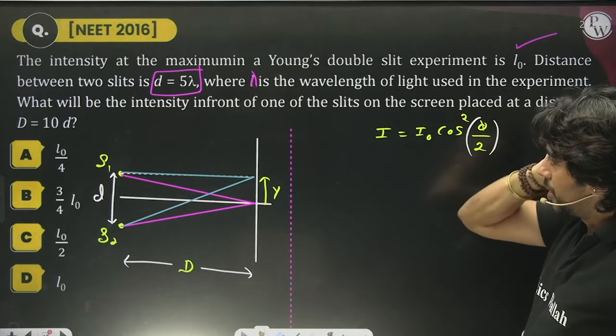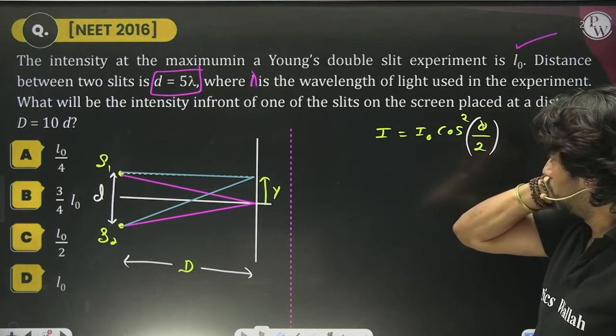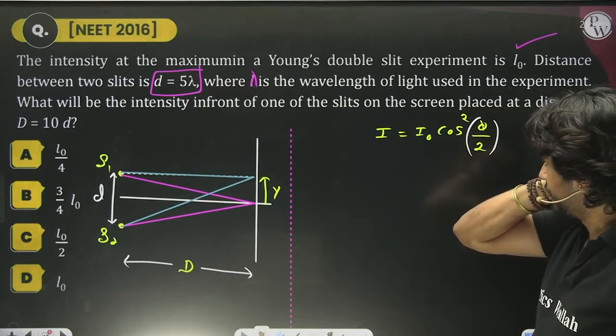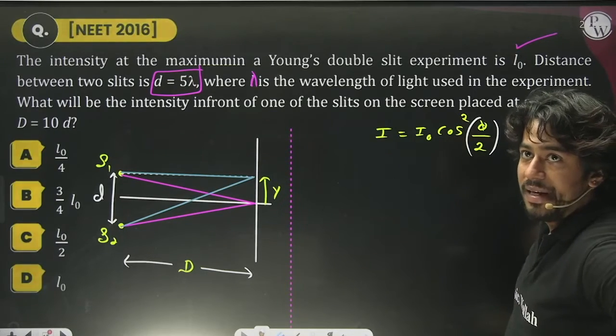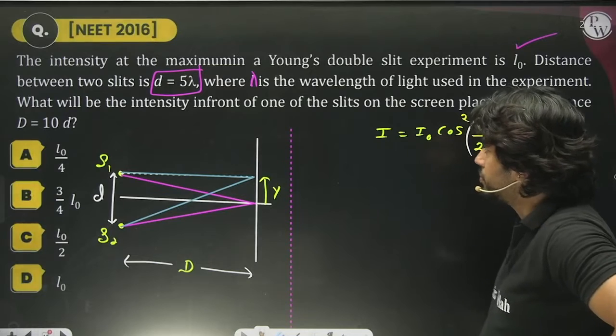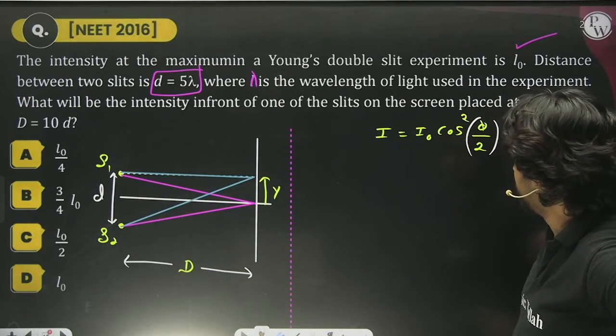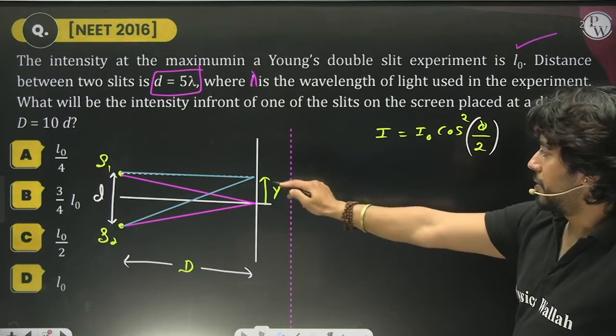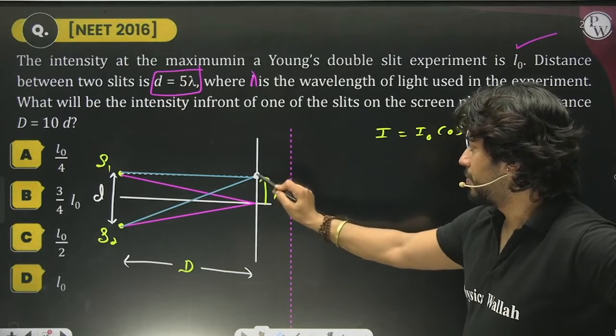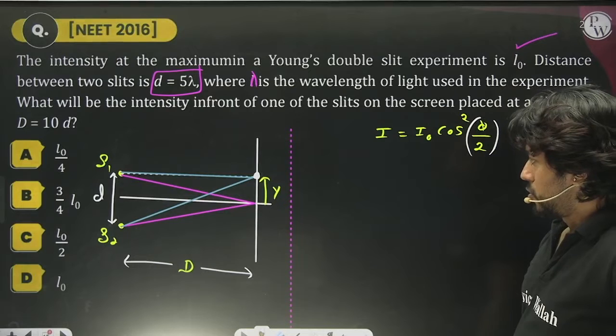Now they are talking about the intensity in front of one of the slits. That means over here, at this location that I'm highlighting.